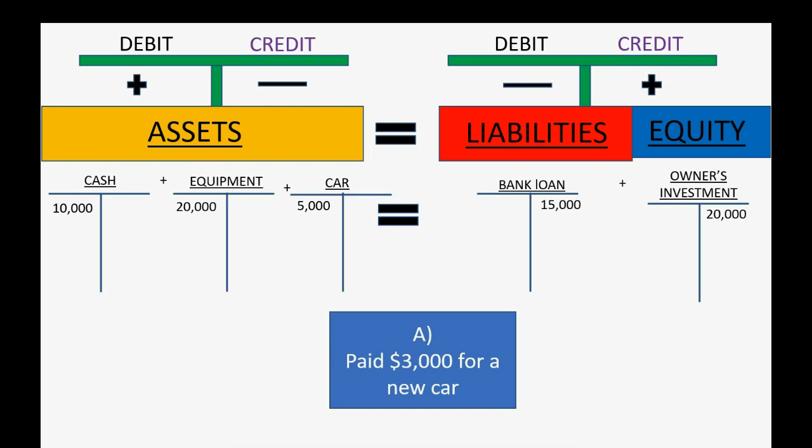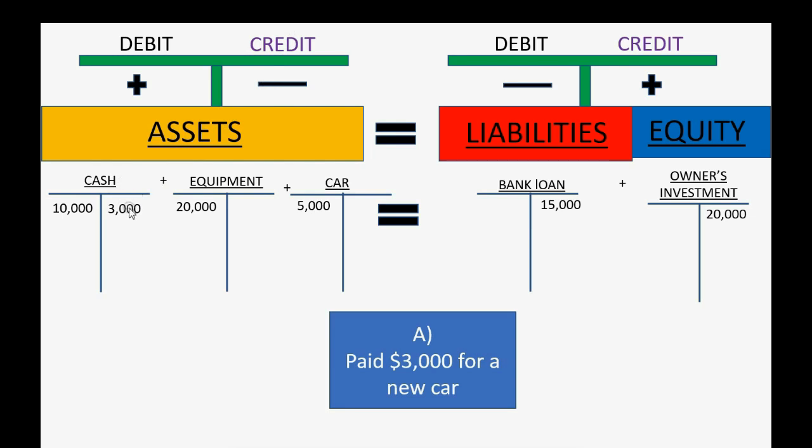Which two accounts do you think would change? Well, if we paid cash, cash will change, and we probably have less cash if we paid. So cash will be minus, and since cash is an asset, the diagram tells us that we have to put that $3,000 as a minus to cash on the credit side, the right side of the cash account.